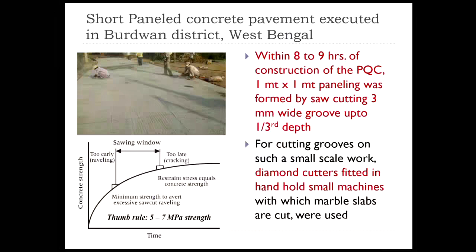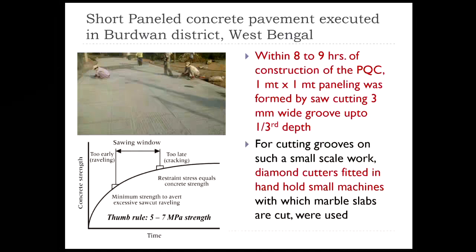Now the main thing in the case of short panel concrete pavements is that you have to mobilize sufficient cutting equipment. Within 8 to 9 hours of construction of your PQC, these panel grooves have to be formed.